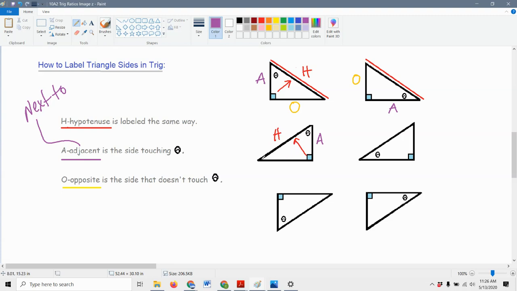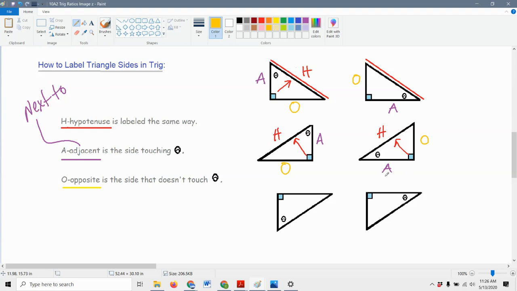This side that does not make up the angle theta all the way across is our opposite side. All right, now exact same triangle, exact same orientation, but now theta is in a different angle. We always start with our hypotenuse directly opposite our 90-degree angle. The side touching theta is our adjacent side. The side all the way across the triangle not touching theta is our opposite side.